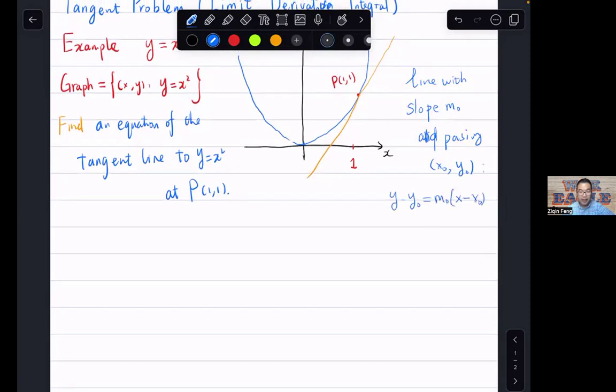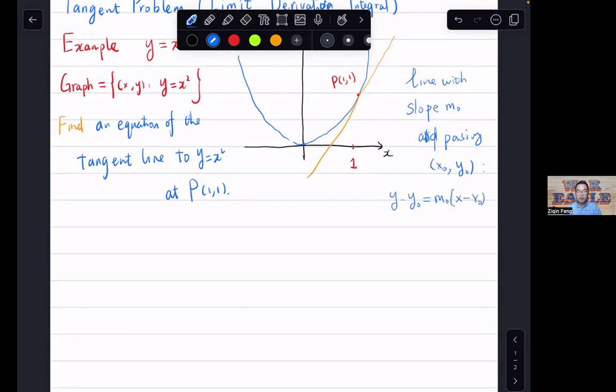That's the line equation if you are given the slope of the line and one point on the line. That's how we get our line equation.